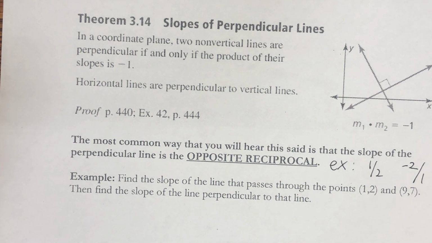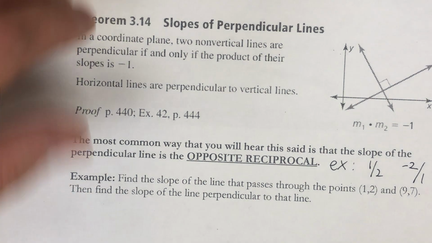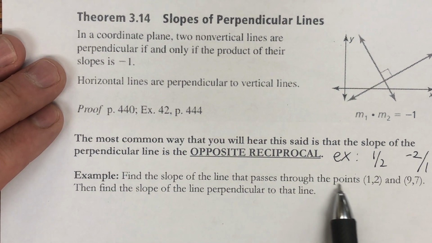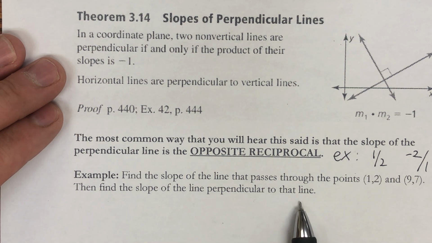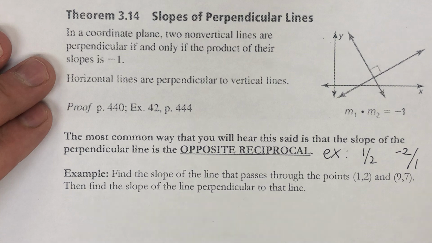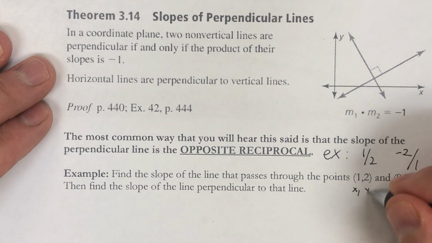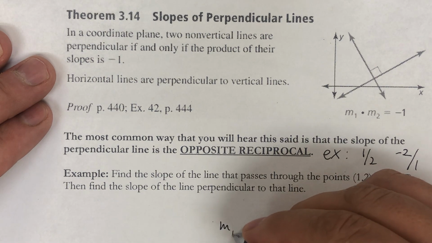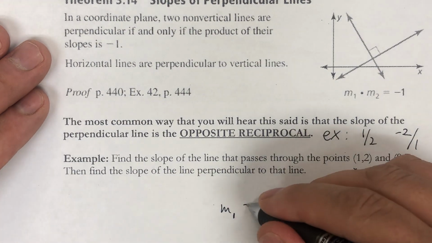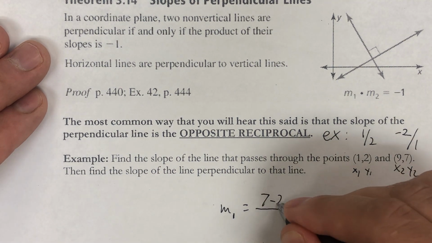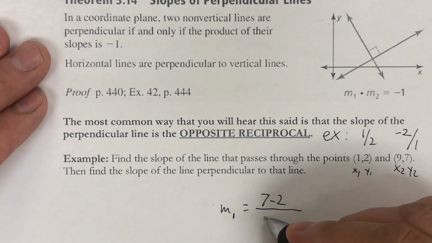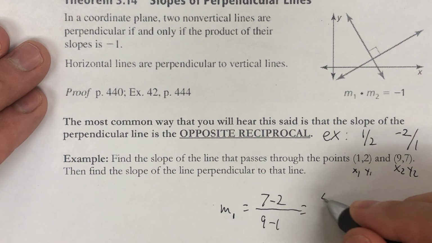Now I'm going to come up with a couple more examples here. It says find the slope of the line that passes through the points 1, 2, and 9, 7, and then find the slope of the line that's perpendicular to that. So I've got to do two steps. First, I need to calculate the slope of this one. x1, y1, x2, y2. m of line 1, I'm calling that line 1, is equal to y2 minus y1, 7 minus 2, over 9 minus 1, which is equal to 5 over 8.